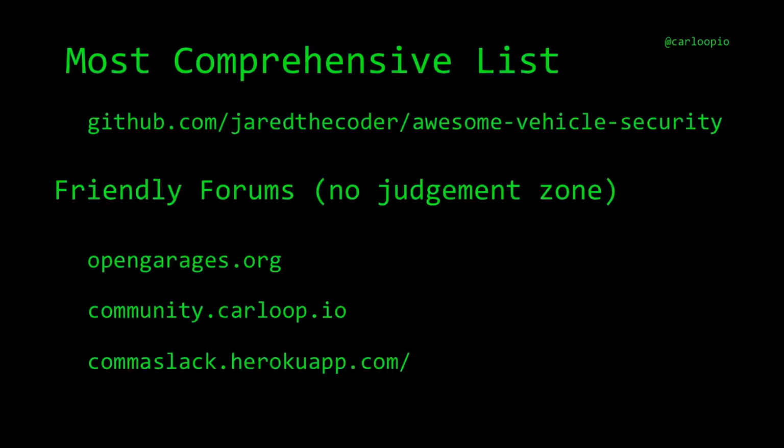And then some friendly forums that I like to hang out at. OpenGarages.org is great. They always have a no-judgment zone in the comments, and the same with community.carl.io. And recently there's been a new one on Slack.